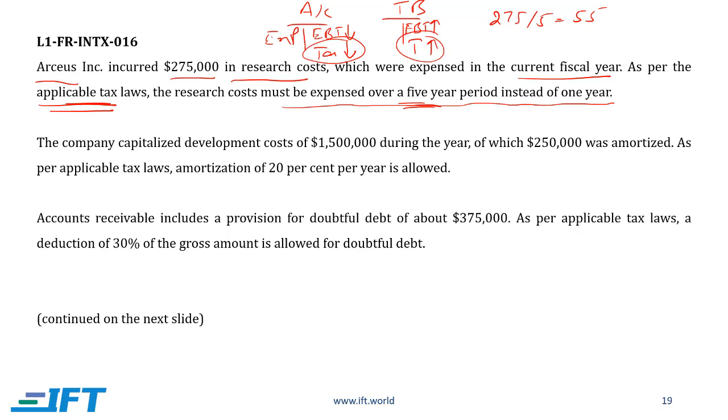Now, just as a school of thought, what should be your carrying amount in your accounting book? In your accounting book, your carrying amount would be 0. Why would the carrying amount be 0 in your accounting book? Because we have already expensed. In your tax books, your carrying amount is known as what?